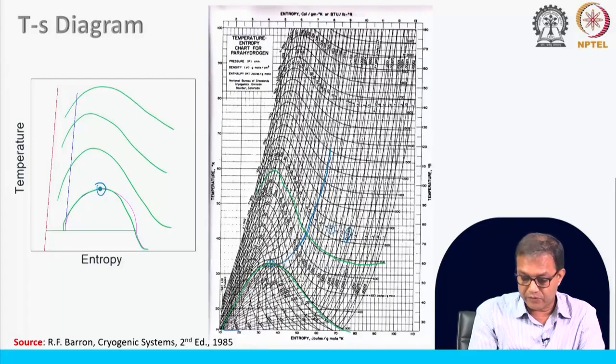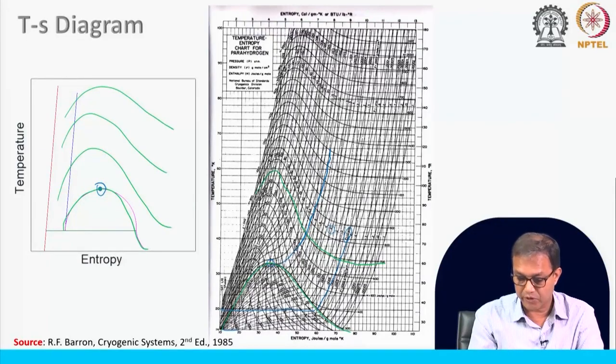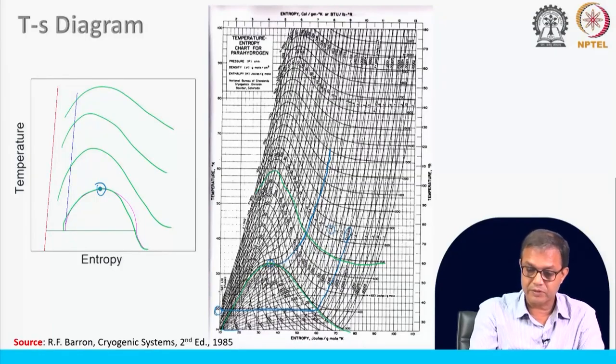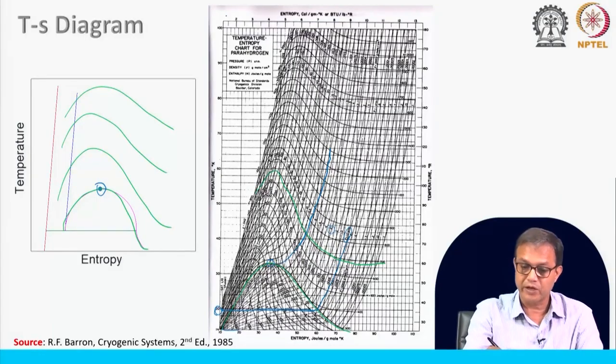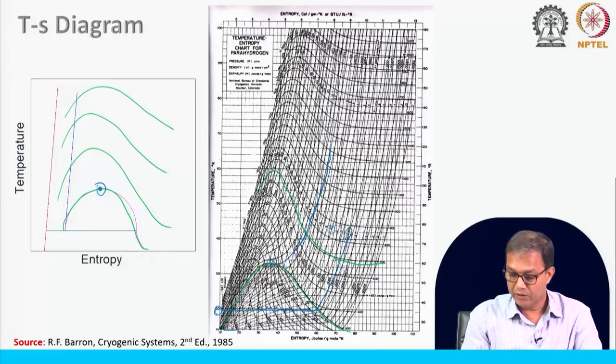So, if we follow this line, you will find that this is 1 atmospheric pressure, it is coming over here, and the corresponding temperature is nearly 20 Kelvin. So, this TS diagram is ranging between 14 K to 100 Kelvin, and you see the enthalpy which has a unit of joules per gram mole.